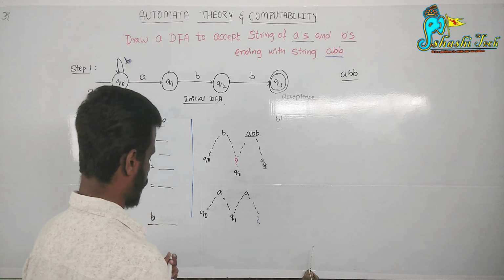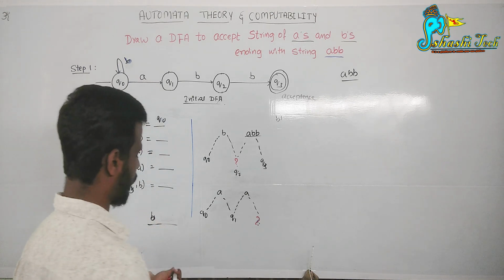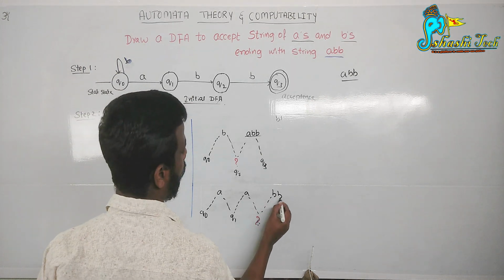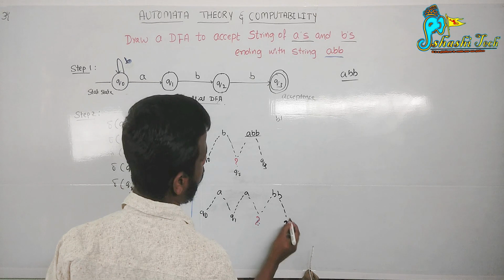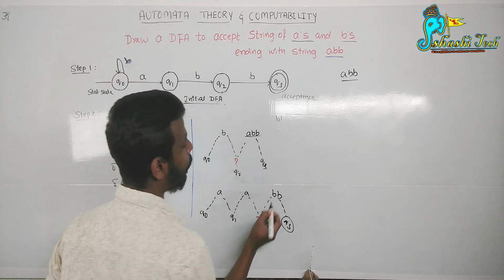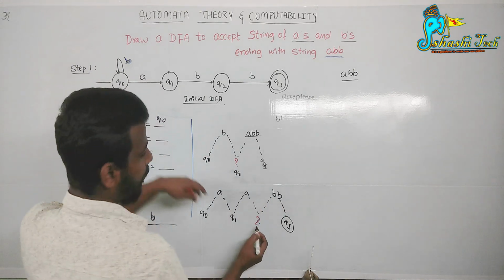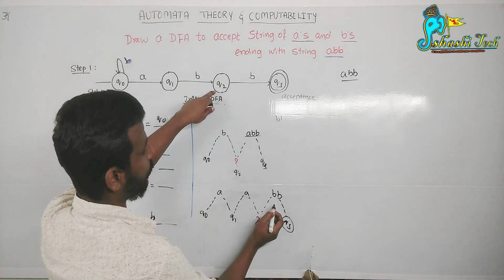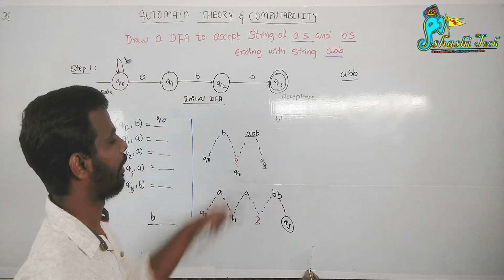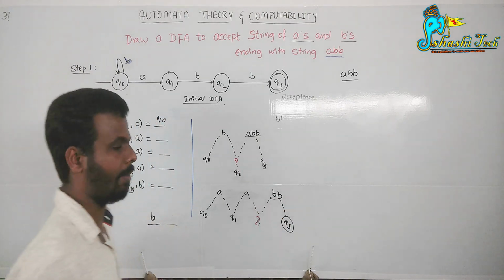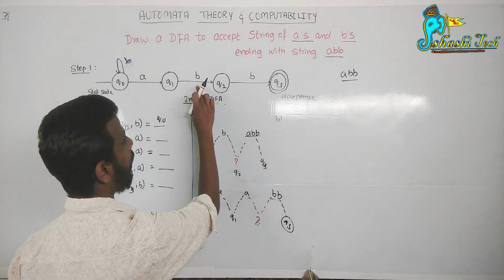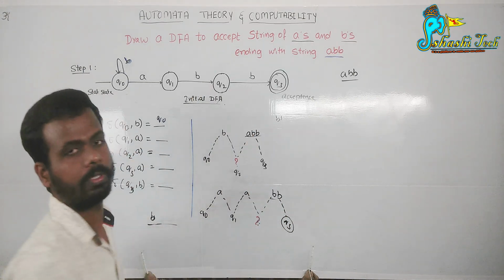Then upon accepting BB, it is going to reach the Q3 state. Why have I written BB? Something upon accepting B reaches the Q2 state, and upon accepting B again reaches the Q3 state. In order to reduce the space, I am writing BB directly. Something upon accepting BB goes to the Q3 state directly.